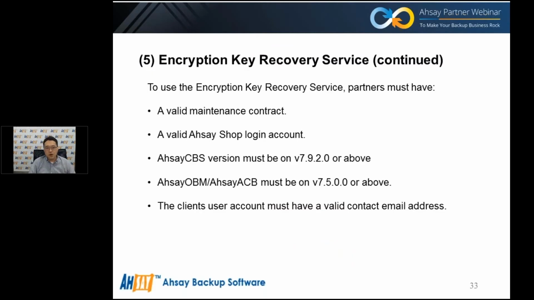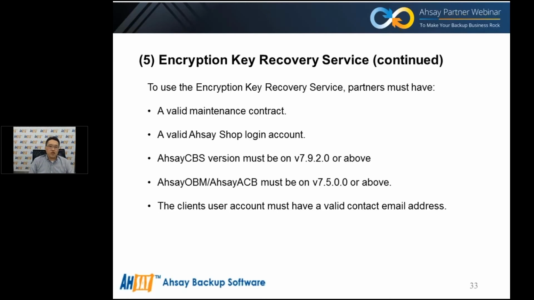Now, let's go through some of the conditions on the usage of the encryption key recovery service. To use this service, partners must have a valid maintenance contract. That's one, and they must have a valid Ahsay shop login account.